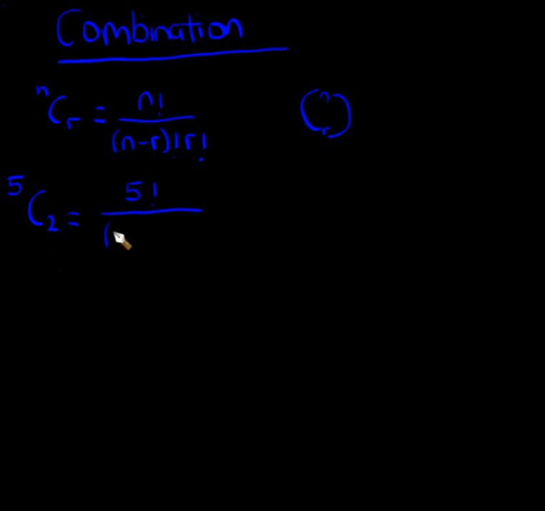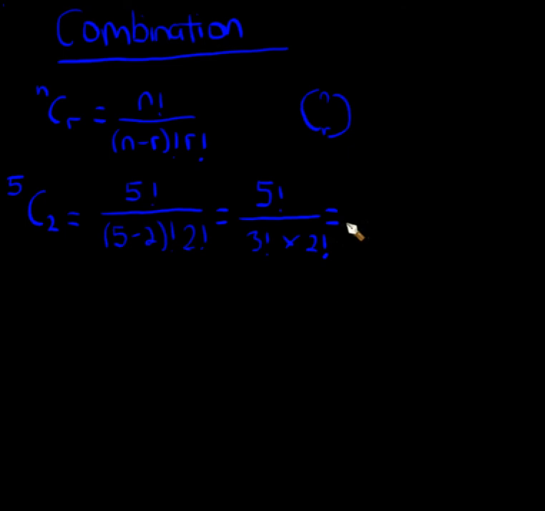So that will be 5 minus 2 factorial, multiplied still at the denominator by r factorial according to our general formula. So that will be 2 factorial. Let's take the difference at the denominator: 5 minus 2 gives us 3 factorial times 2 factorial, right?